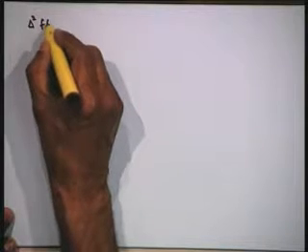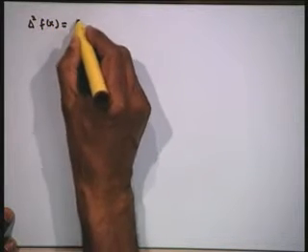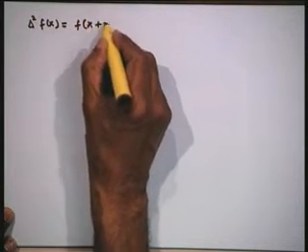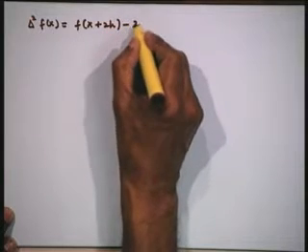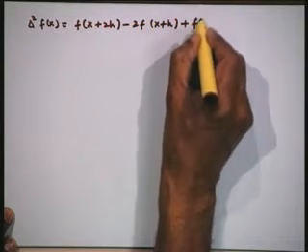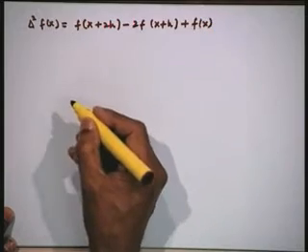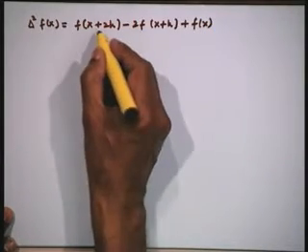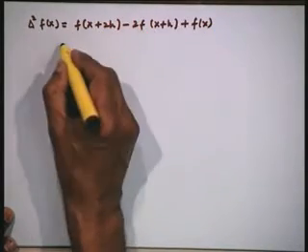For example, I can start with delta squared f x and write this as f of x plus 2 h minus twice f of x plus h plus f of x. Now, I shall open both these terms by Taylor series.